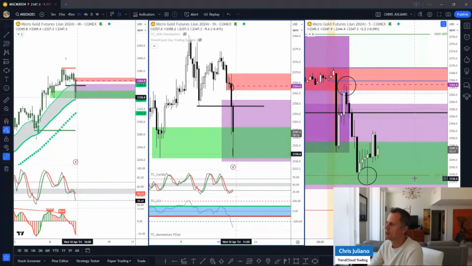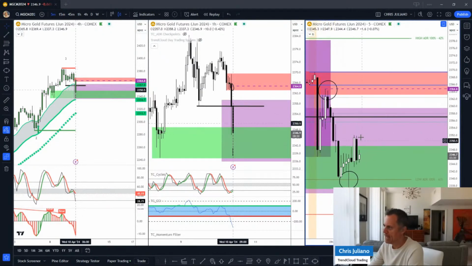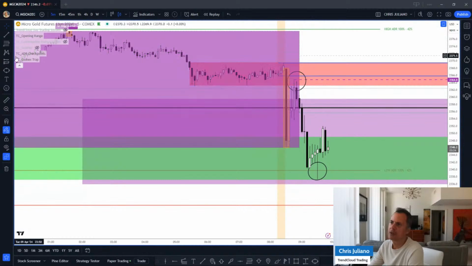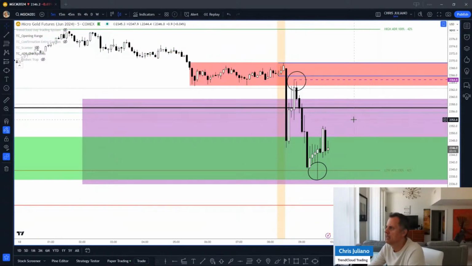Okay, so it pulled down, hit the ADR checkpoint once, and pulled back into this area here. Let me get rid of some of this purple. Let's get rid of the Globex trap.